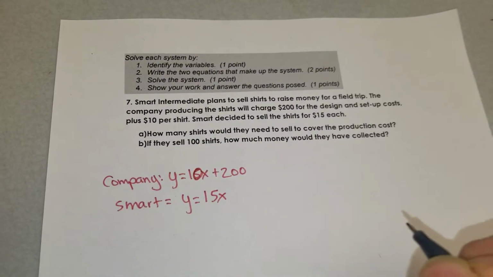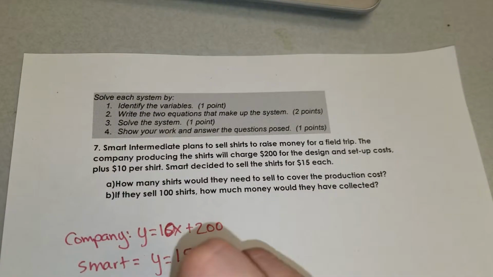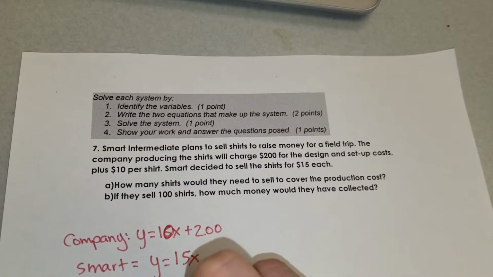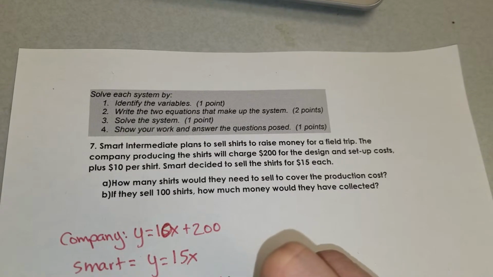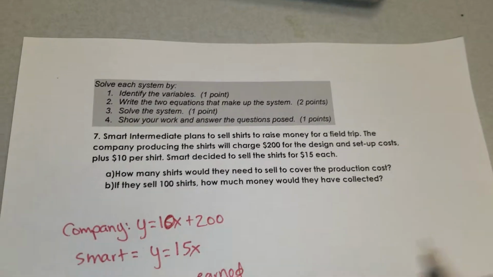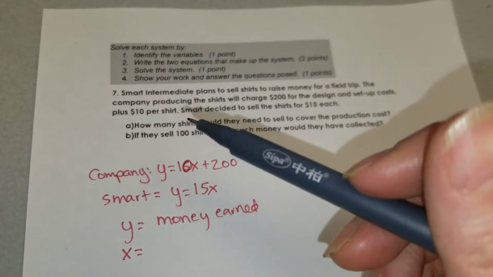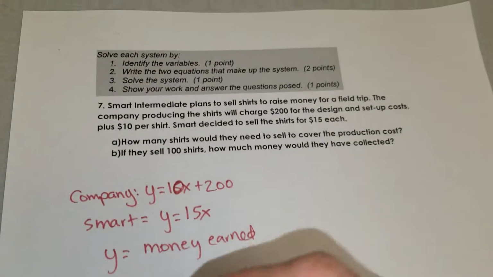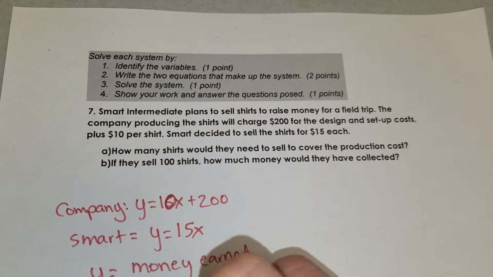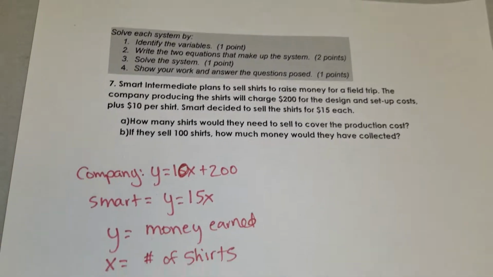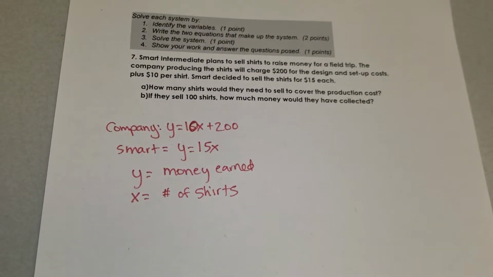Okay, so you also have to identify what the variables represent. So this is going to be money earned or total money collected. X in both situations are attached to the number of shirts, for each shirt. So this is number of shirts. Okay, so this takes care of points 1 and 2.